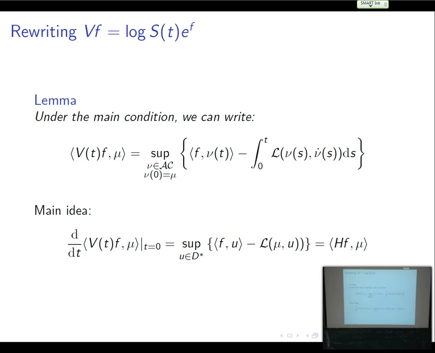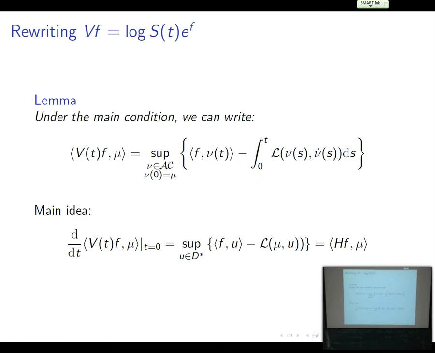And what remains outside is still the supremum over all trajectories that started in mu. But because only the initial speed is left, this supremum actually reduces to a supremum over all initial directions to start in. So this supremum becomes this simple one.